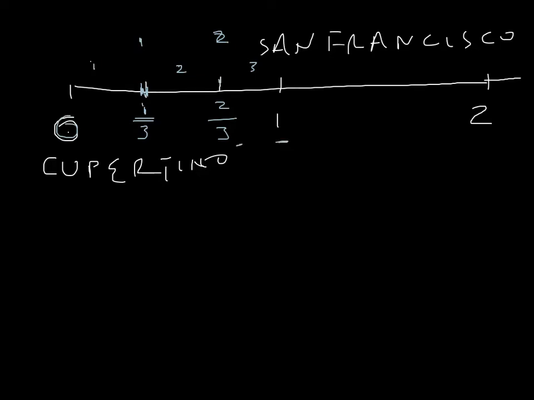Okay, so now I'm going to try to keep the same scale. I'm going to call this 1, call this 0, and call this 2. Now instead of 3 parts, or instead of 2 cities, I'm going to divide it into 6 parts or 5 cities.